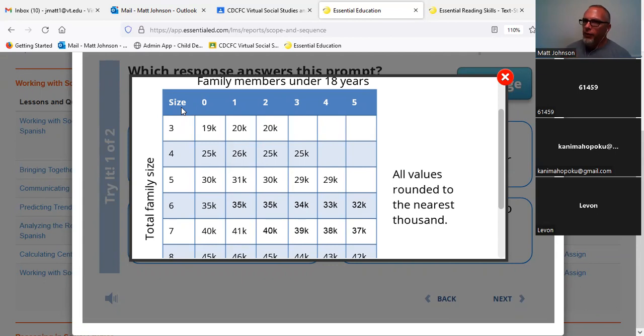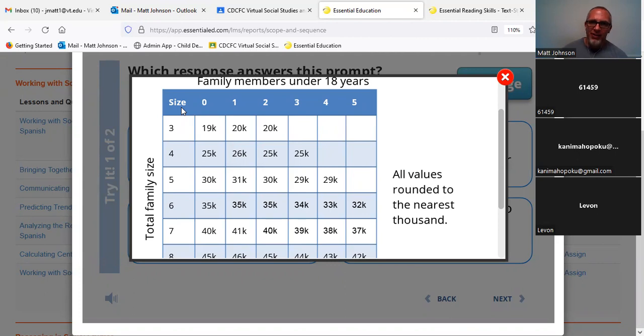So if you look at a household of 4 members, right? 4 people in the family, 0 under 18, 25,000. 1 under the age of 18, 26,000, and then it starts going back down for some reason.